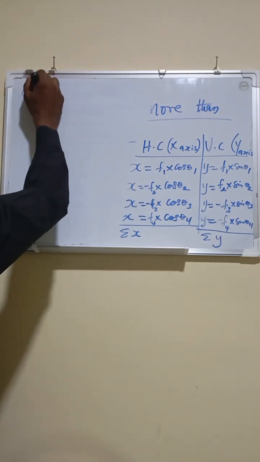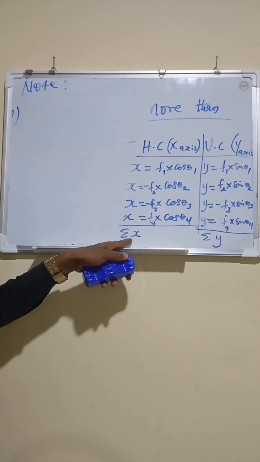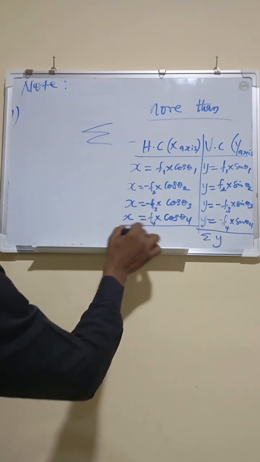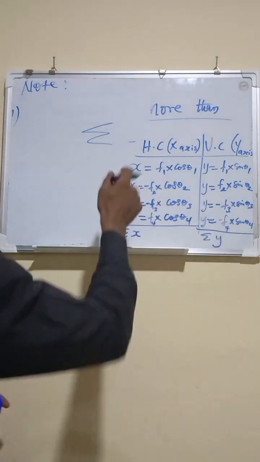Note number one. This is called summation, this is sigma. That is what this symbol represents, not x. This is sigma.